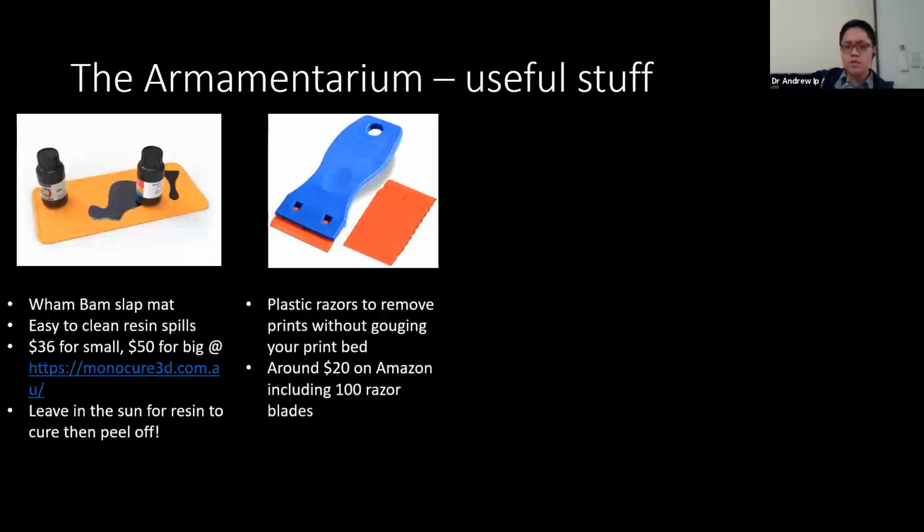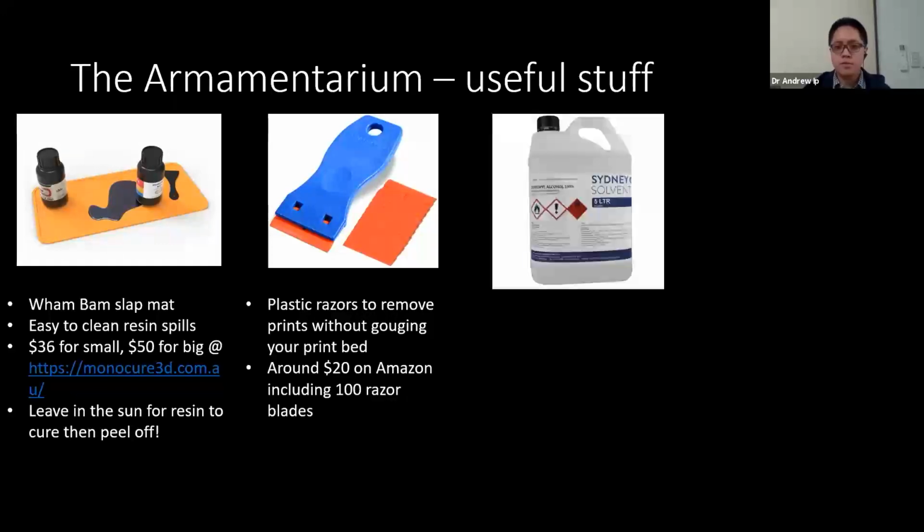The advantage of these plastic razors is that they won't scratch, indent, or damage your print bed. I can get one of these for about $20 plus 100 razors on Amazon. It's a really good idea, and something I would strongly recommend.